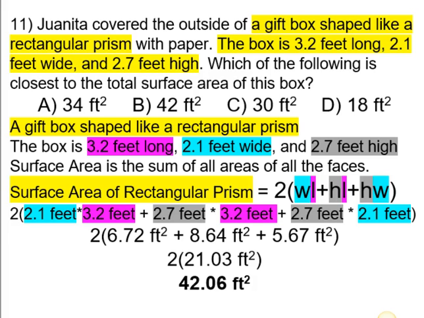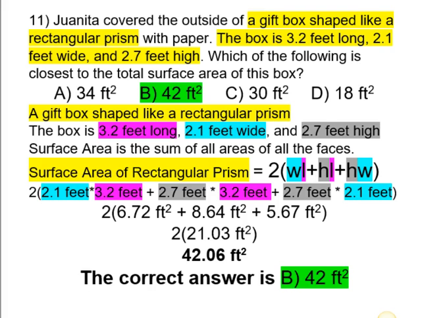When I multiply that by 2, my answer is 42.06 feet squared. So looking at the answer choices to see which value is the closest, the correct answer is B, 42 feet squared.